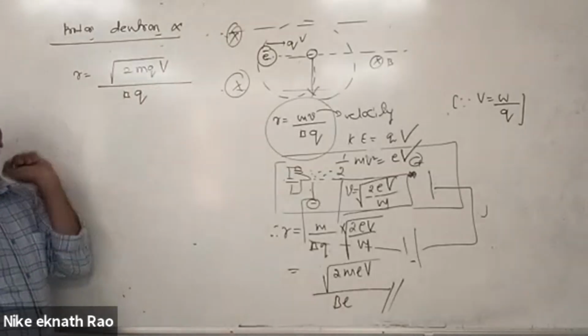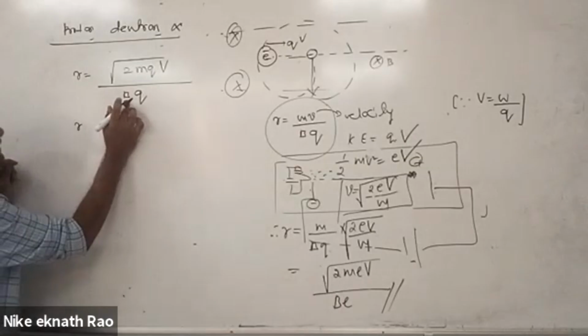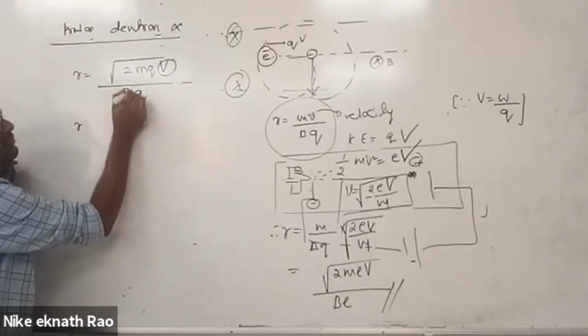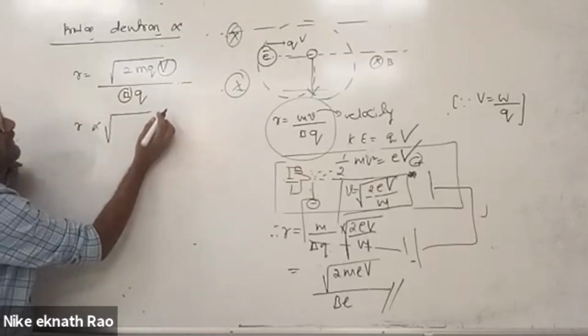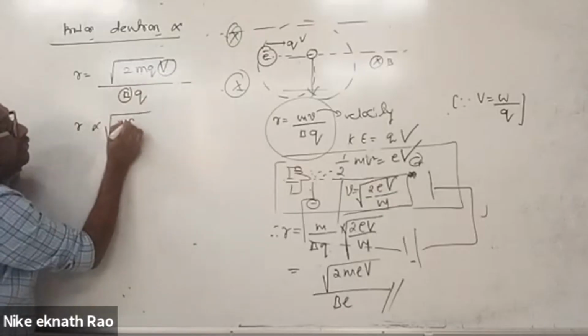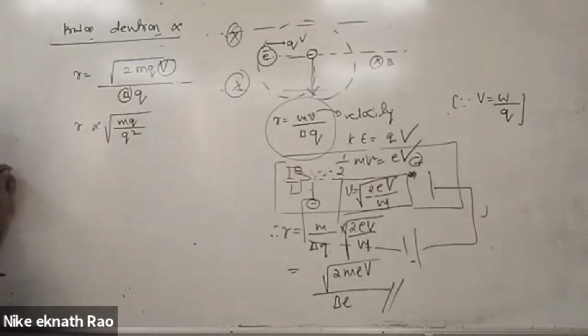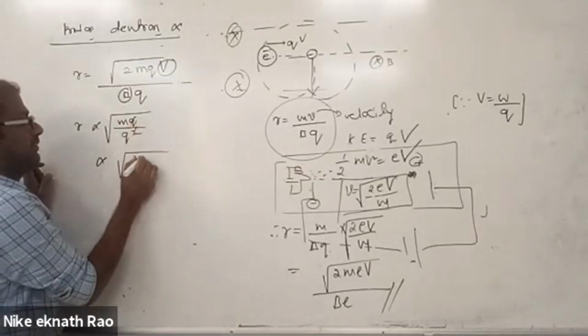Now, the radius depends on what parameters? Magnetic field is the same, and potential difference is also the same. So the radius is proportional to root of m q divided by q squared. When it goes inside the root, it becomes q squared, so the radius is proportional to root of m by q.